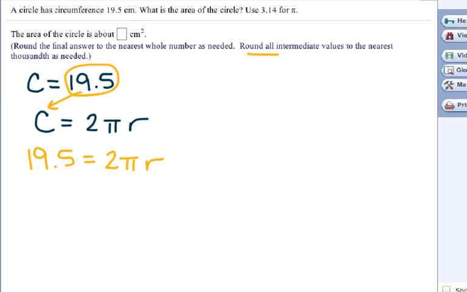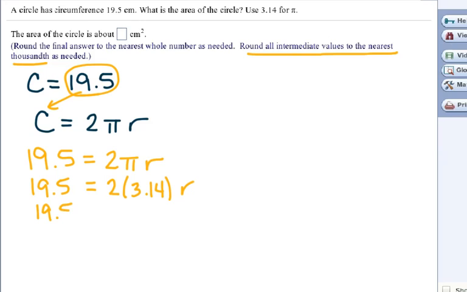It says to round all intermediate values to the nearest thousandth as needed, which means we're not going to use pi. We're going to use 3.14. So I'm going to have 19.5 equals 2 times 3.14 times the radius.